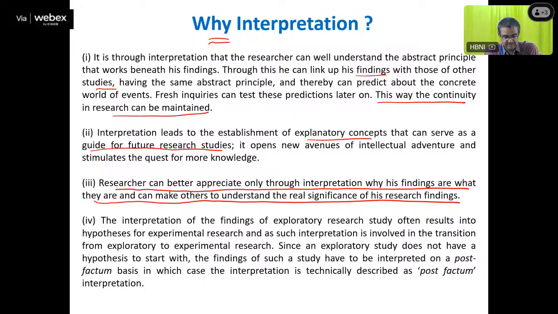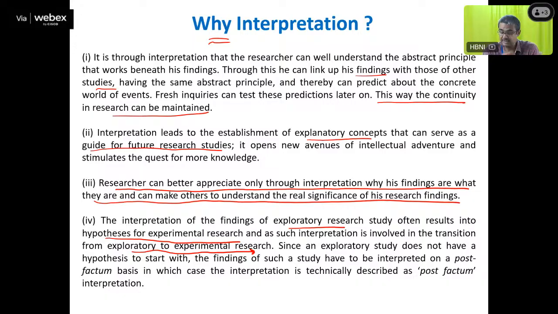So this is how research interpretation is crucial. The interpretation of the findings of an exploratory research study often results in hypotheses for experimental research. And as such, interpretation is involved in the transition from exploratory to experimental research. During an exploratory research interpretation, you propose some hypothesis, which forms the building block or foundation stone for a different experimental research.